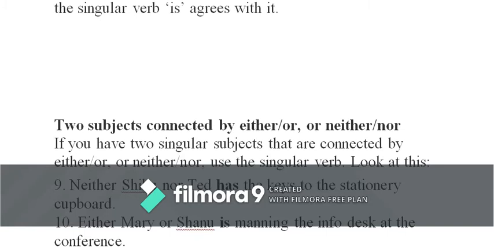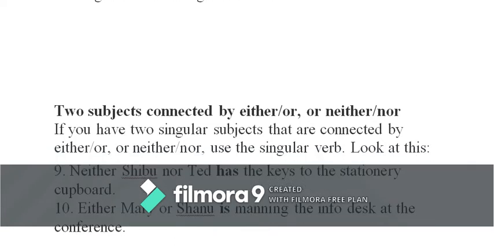So sentence number 9 is correct. When I say either, that means any one of them. Either Mary is manning the info desk at the conference, or Shanu is manning the info desk at the conference. When I combine these two sentences, I say either Mary or Shanu is manning the info desk at the conference. So according to me, both are correct.